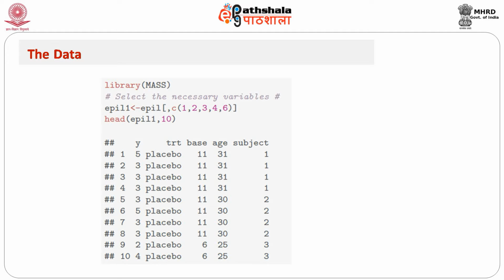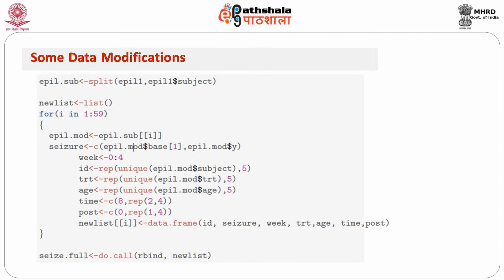Now, we need to do a little bit of data modification so that the data becomes amenable to our analysis format. Now, what do we do? We need to include the pre-post variable in the data. So, what we do is we first split the entire data based on the subject.